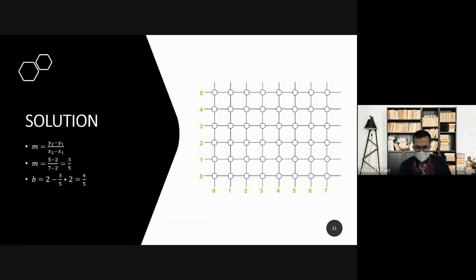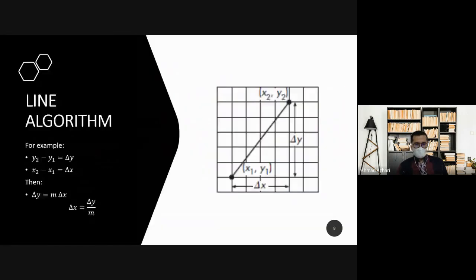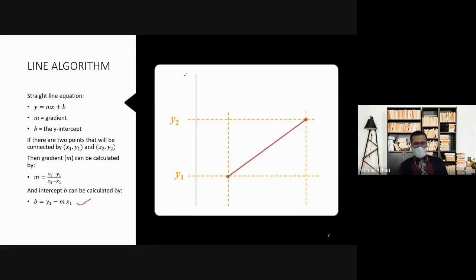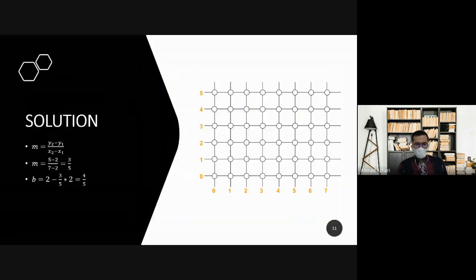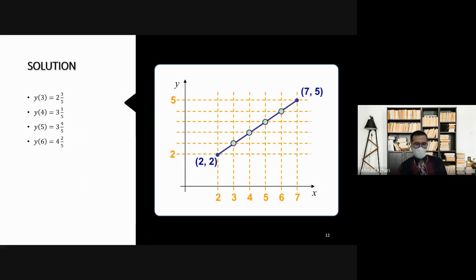After this, we use the straight line equation, y equals m multiplied by x plus b, gradient multiplied by x plus b.